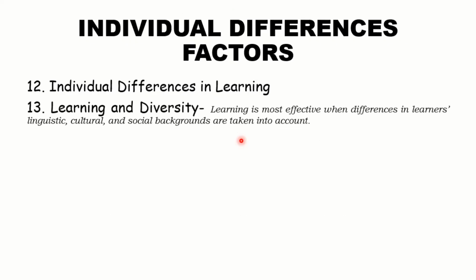Next, we have learning and diversity. Learning is most effective when differences in learners' linguistic, cultural, and social backgrounds are taken into account. The same basic principles of learning, motivation, and effective instruction apply to all learners. However, the language, ethnicity, race, beliefs, and socioeconomic status can all influence learning.